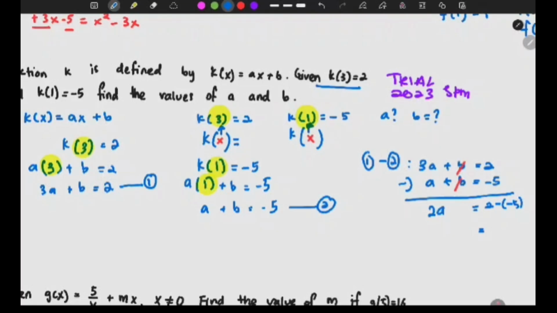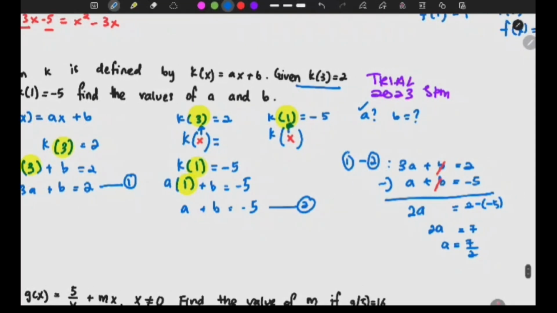How? Substitute inside any of the equation, maybe equation 1 or equation 2. For me, I'll prefer equation 2 because the numbers are easier. So I sub a = 7/2 into my equation 2. a plus b is -5. But now my a is 7/2, right? So sub 7/2.